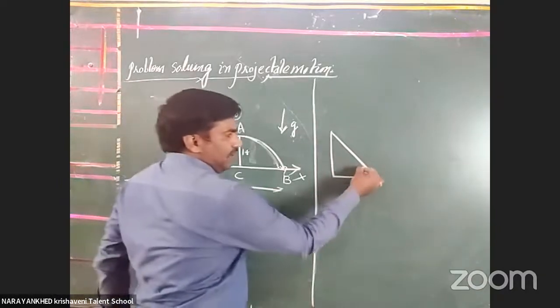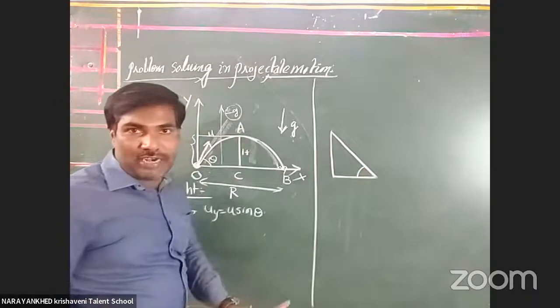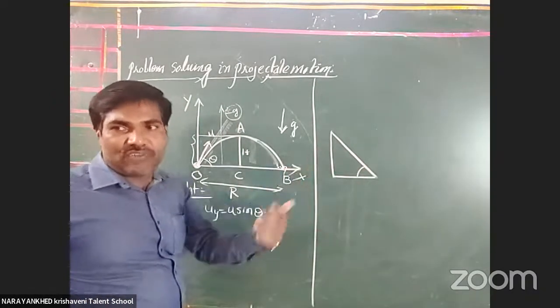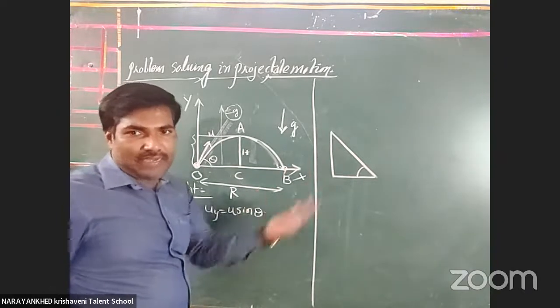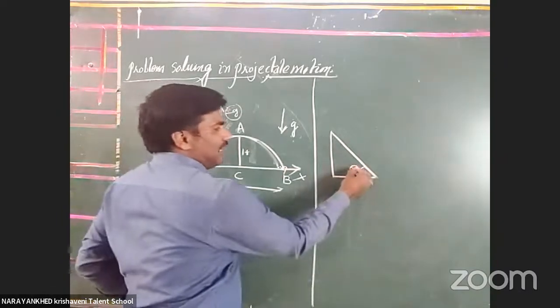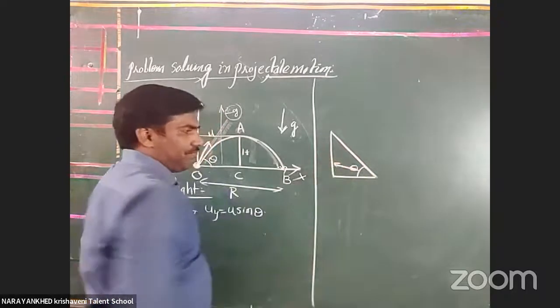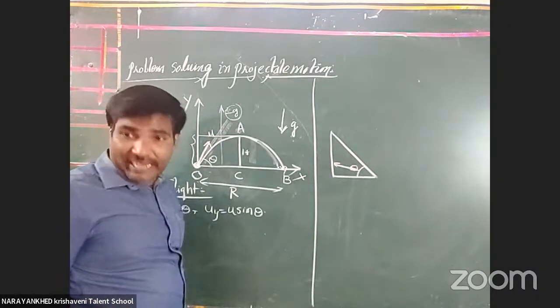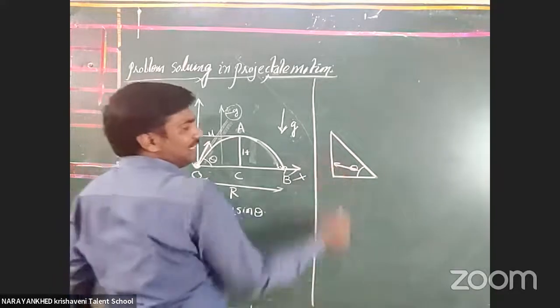Suppose one angle theta is formed between one physical quantity and another physical quantity. At that time, it is taken as theta. The side opposite to this theta gives the sine angle. It is called sine theta.